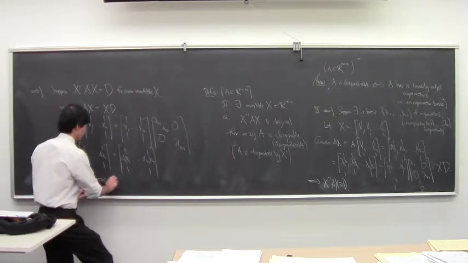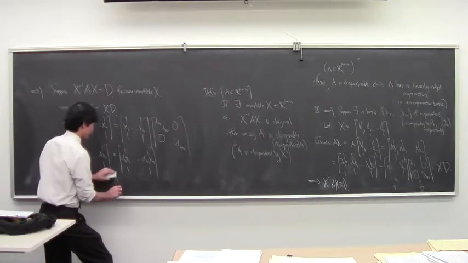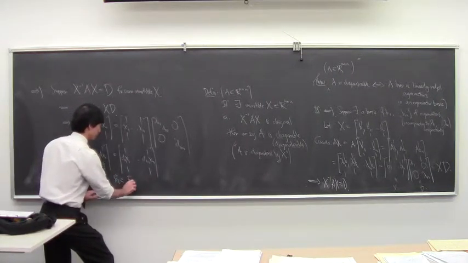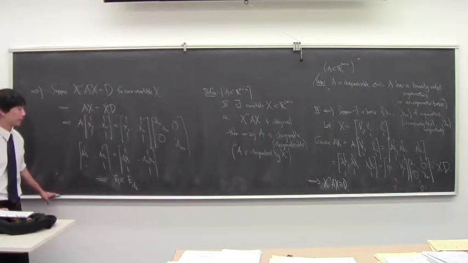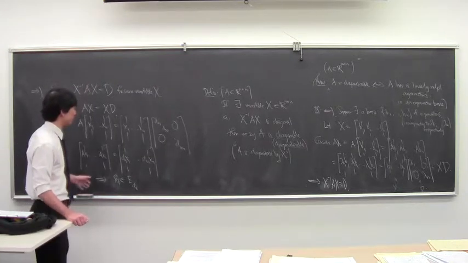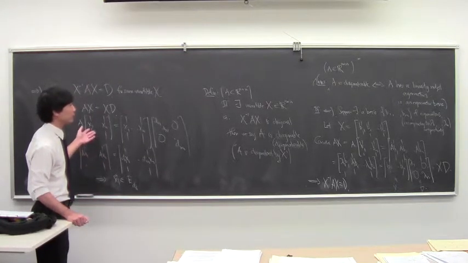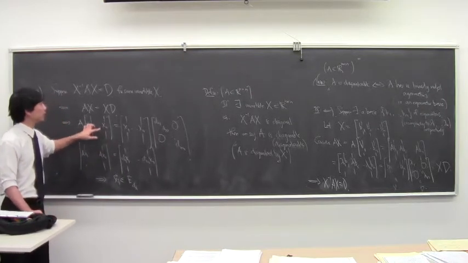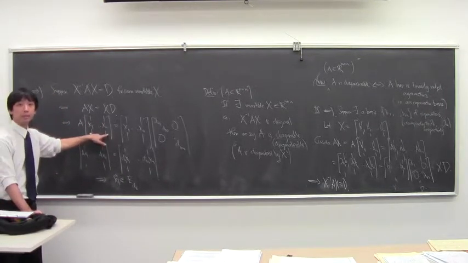So xi is then an eigenvector with eigenvalue dii. And so you have a basis. You already knew that these guys were a basis.